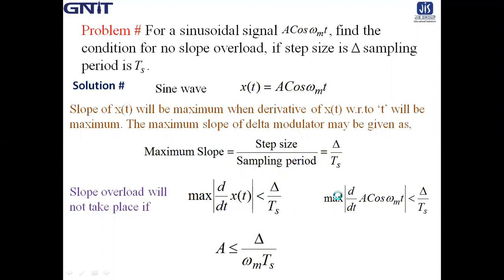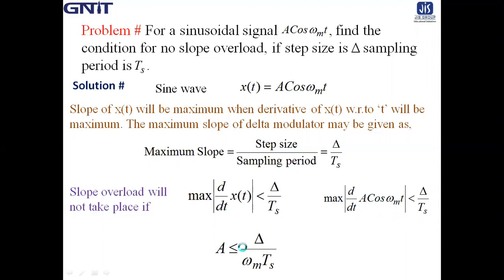So the maximum of d/dt x(t) for A cos omega m t is less than delta by Ts. Differentiating A cos omega m t and taking the maximum, it will be A omega m less than or equal to delta by Ts.